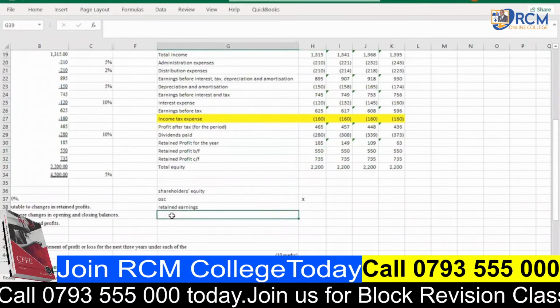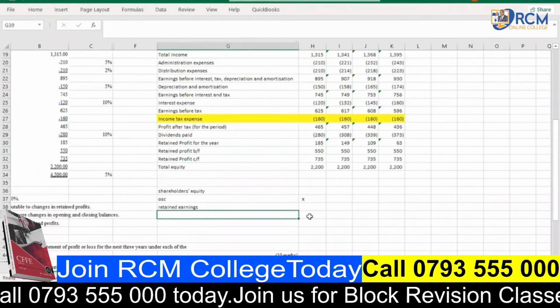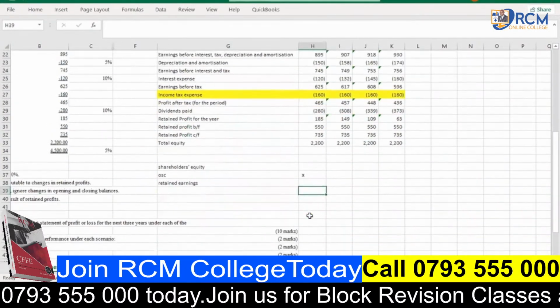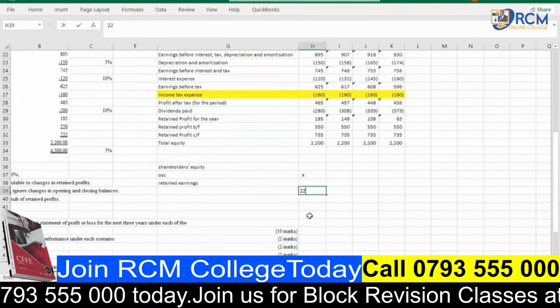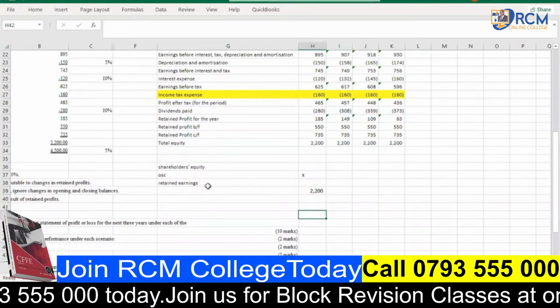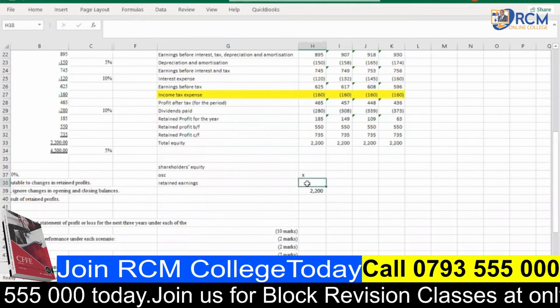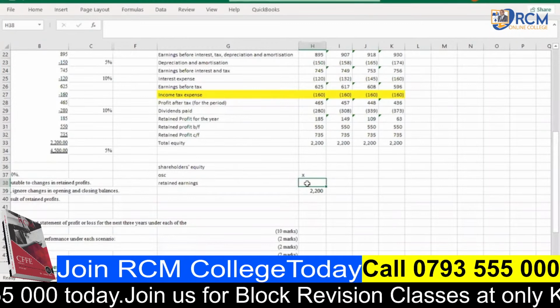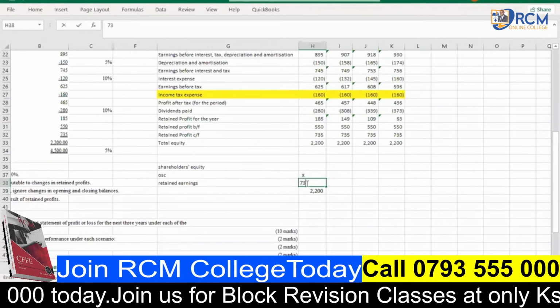So we have been told that our total equity for the year 2022 is equivalent to 2,200. Then we have also been given that retained earnings for 2022 is equal to a total of 735.